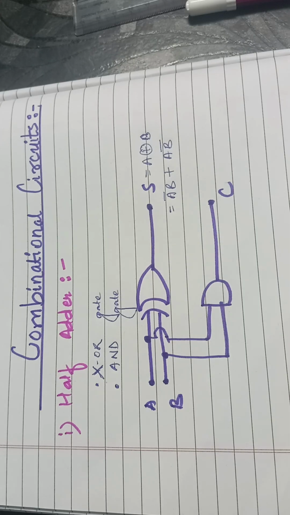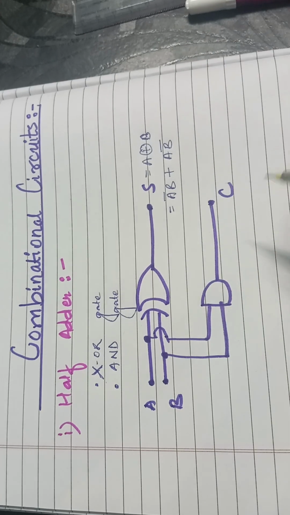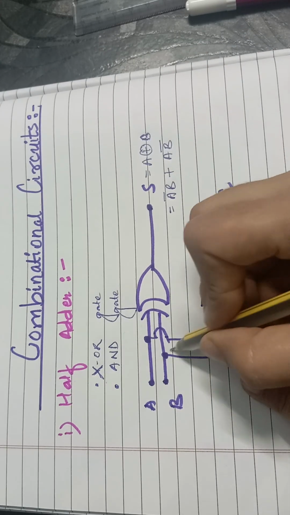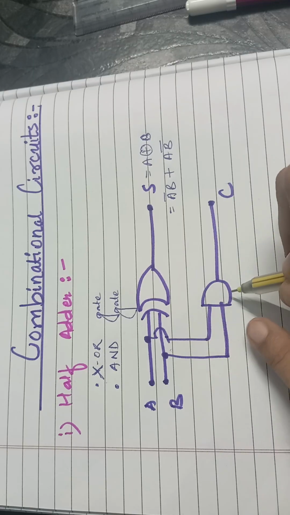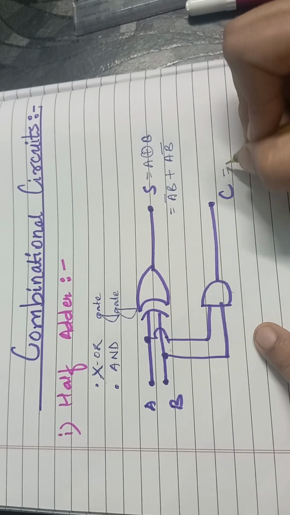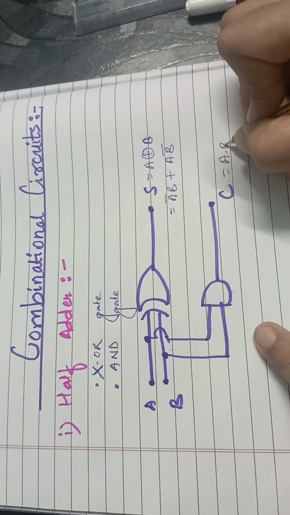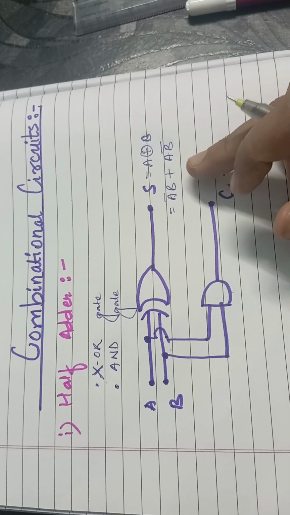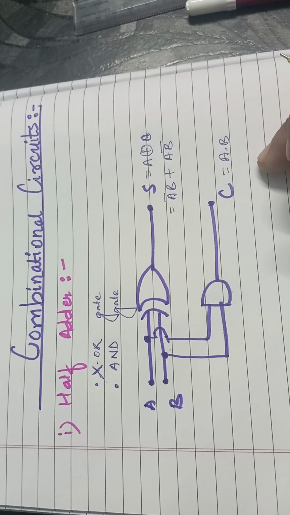This is S, the sum. Now come to carry. In carry, both the inputs are going for the AND operation, so this will be A dot B. So this is our sum and this is our carry.